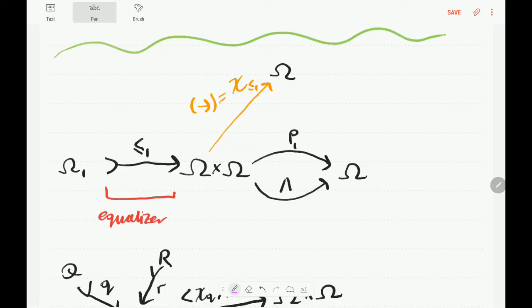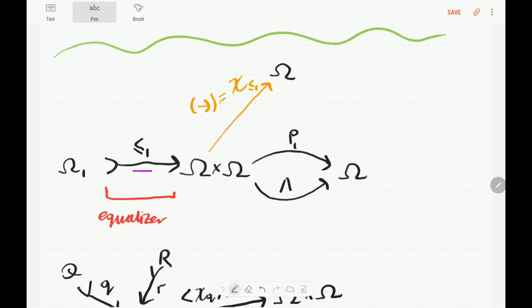But let's begin by recapping the general definition of this stuff in an equalizer. So we have this relation on omega. In other words, we have this subobject of omega times omega, which is called less than or equal to 1. And this is defined as the equalizer of P1 and AND. So this is going to be a subobject of omega times omega.